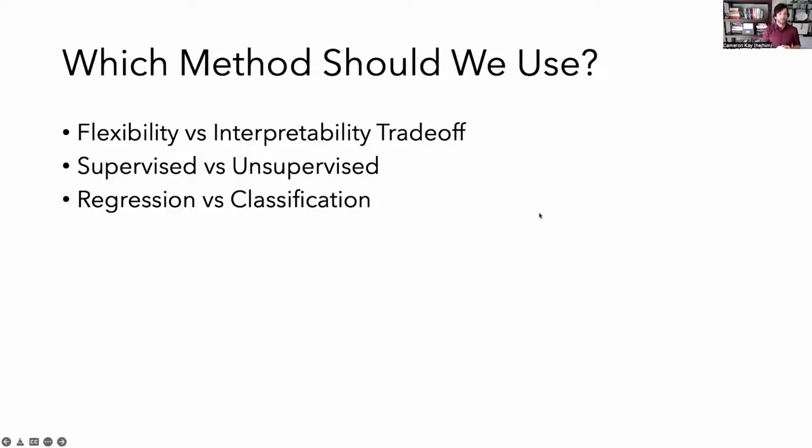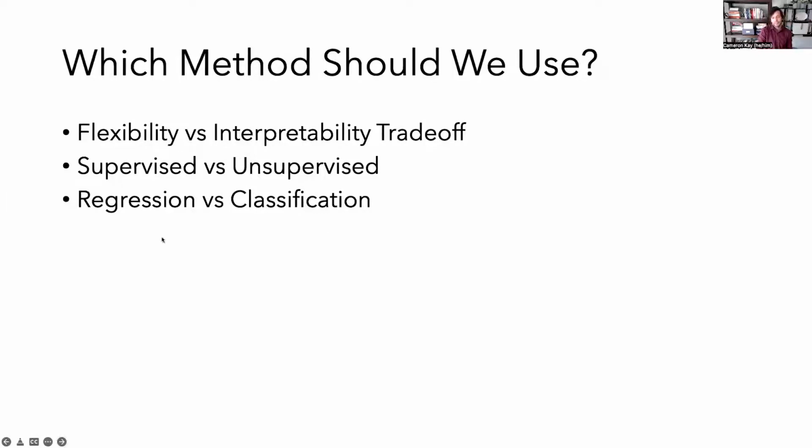Then we can also talk about regression and classification. And this terminology is a little unclear because, right, when we run logistic regression, we're actually running a classification model, right? We're classifying people into one group or another group.